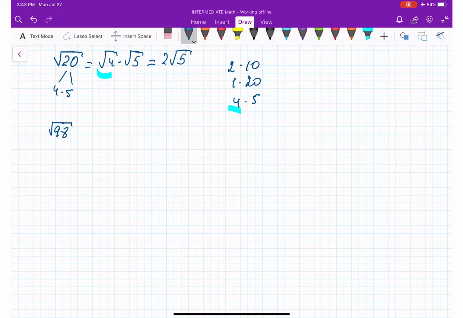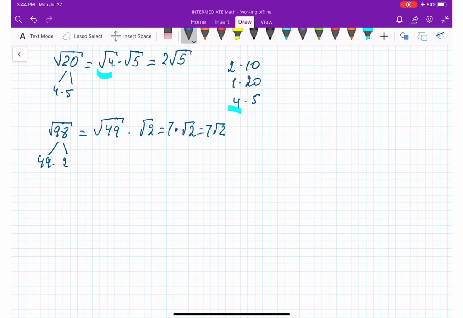I'm thinking I can break down 98 as 49 and 2. Why am I taking this pair? Because I know that square root of 49 is 7. So I'm breaking down square root of 49 times square root of 2. And I'm getting 7 times square root of 2, which is the same thing, 7 square root of 2.